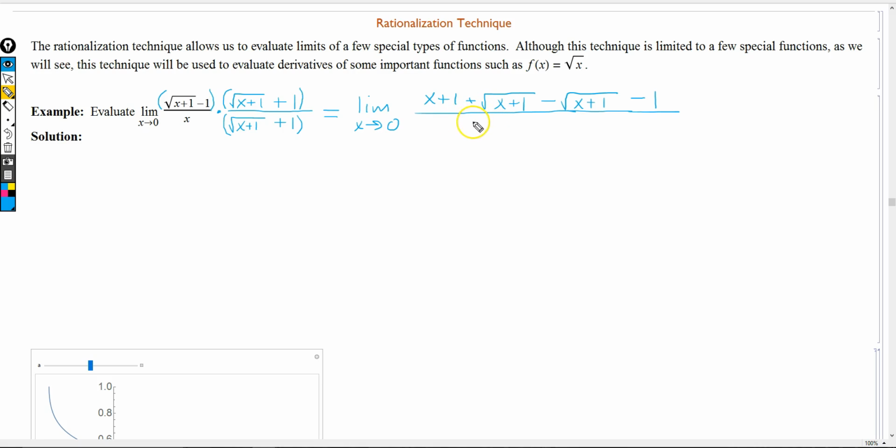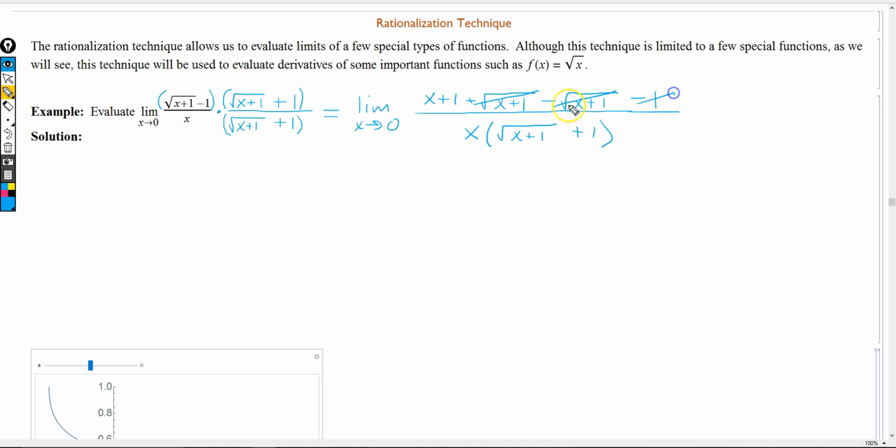Alright, then in the denominator, we're just going to write it as x times the square root x plus 1 plus 1. And we don't want to distribute the denominator. We don't want to distribute that x in. We just want to leave it alone. Now notice in the top, of course, like I said, those two middle terms in our FOIL method cancel.